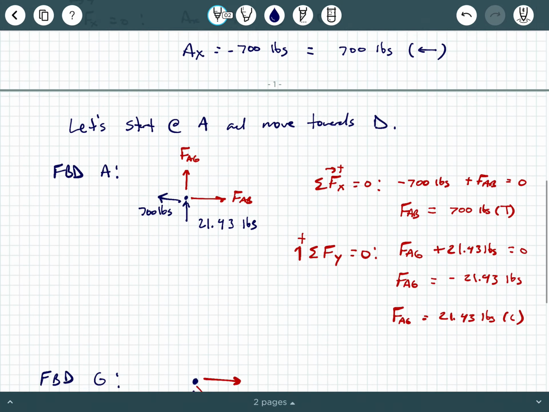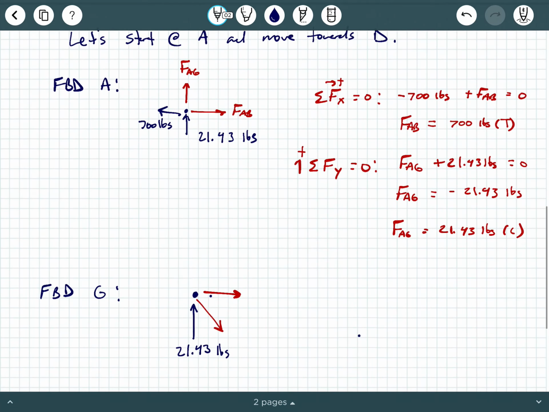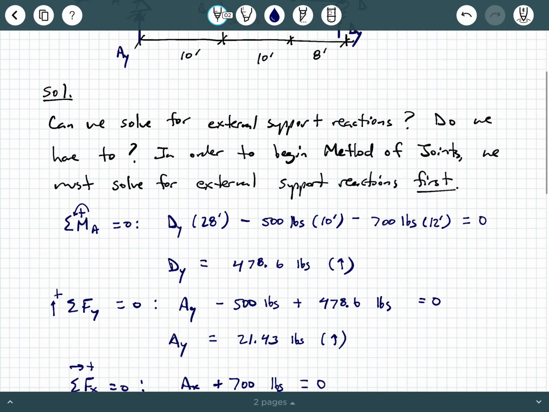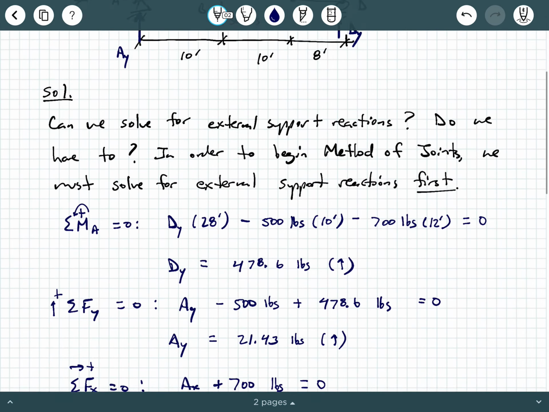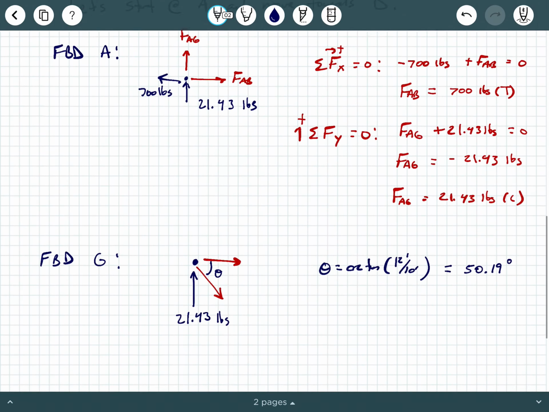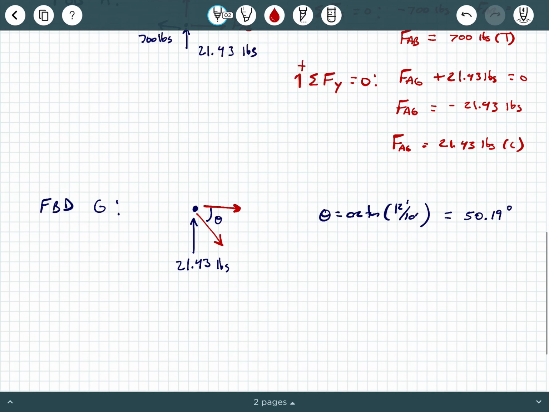And we would say theta is arctangent of 12 feet over 10 feet. You could have done this at the beginning of the problem, by the way. You could have gotten all these interior angles from the get-go. So I get 50.19 degrees as that theta angle. And again, we have the force in FG, and the force in BG.